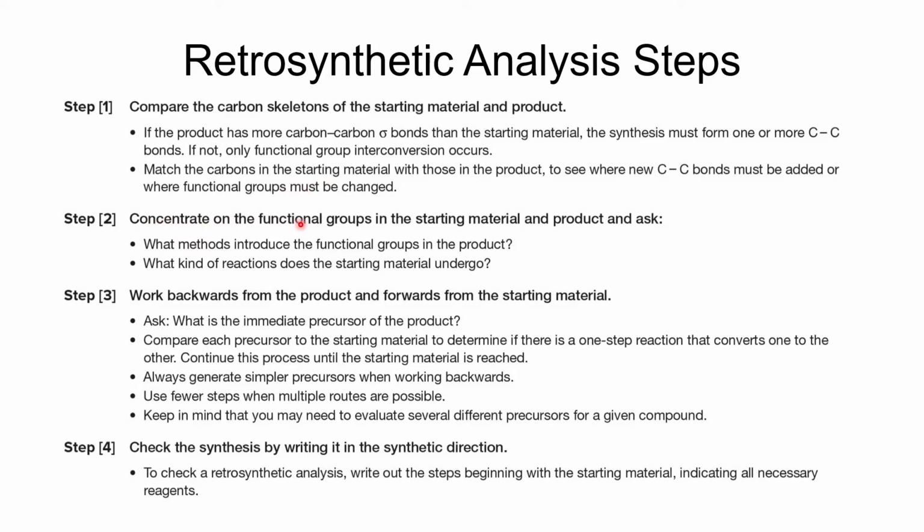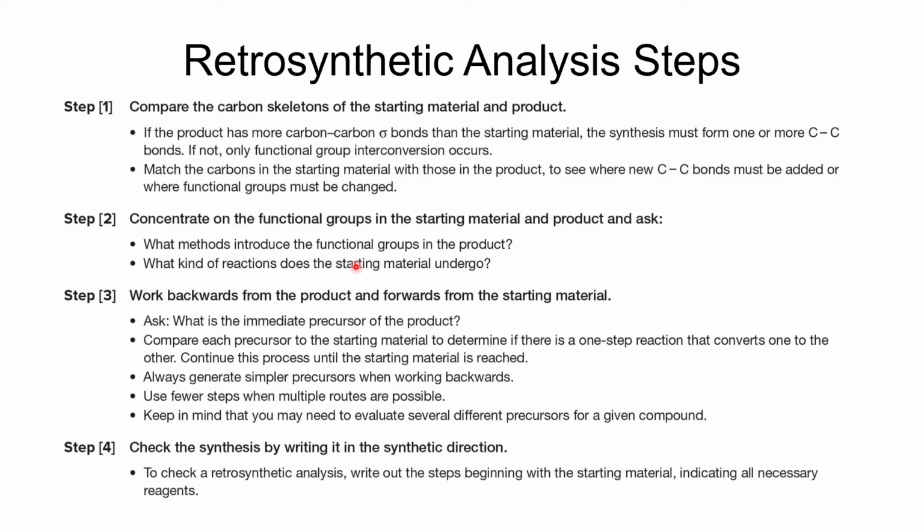Step 2: concentrate on functional groups in the starting material and in the product, and ask yourself the question, what methods introduce these functional groups in the product, and what kind of reactions can I do to the starting material? So when you go back and look at all the reactions that we've done up to this point in this class, you look at, well, what are all the ways that I can make this functional group an alcohol?